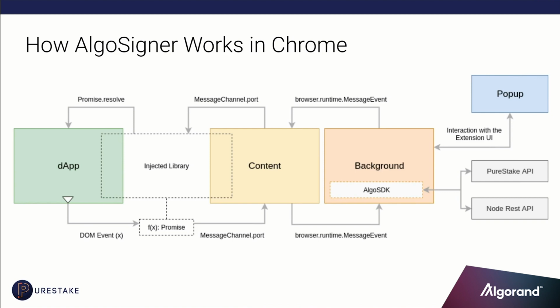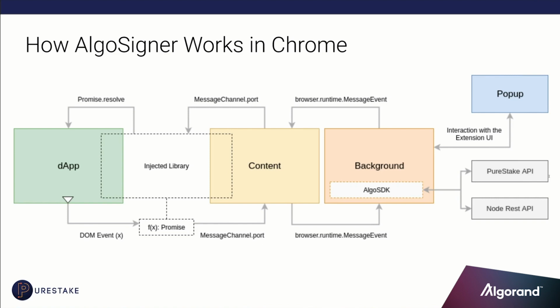On the background, because that's the backend of the extension, is where all the heavy code is. That's where we encrypt and decrypt your addresses and your private keys. That's where we have the Algo SDK to query and access the PureStake API and the Node REST API. Right there, it's just the PureStake API because that's what we are using right now.